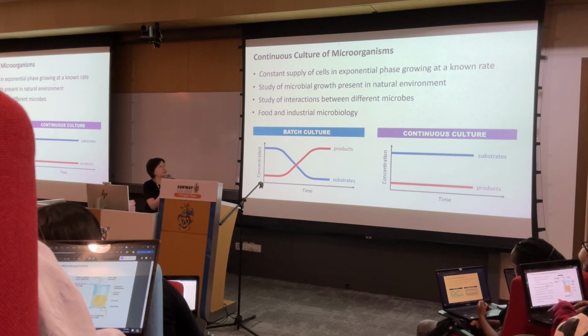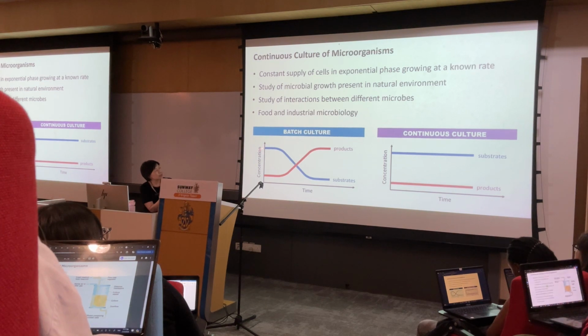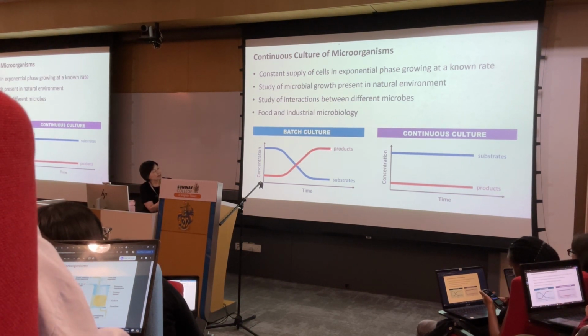Very simply, if you compare batch culture, which is a closed system, and continuous culture, which is an open system: for the batch culture, you initially have a lot of nutrient, and then the nutrient drops, right? Then the products, basically secondary metabolites, increase at the end, but that's it.